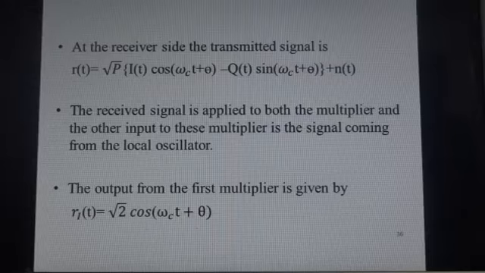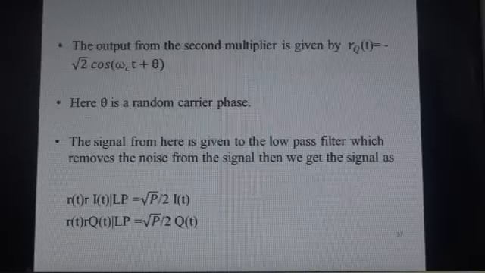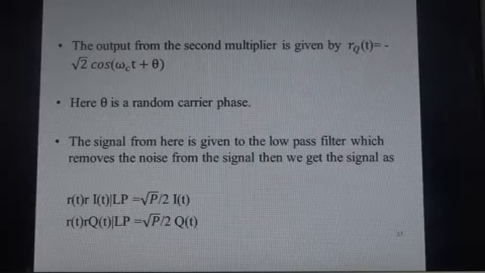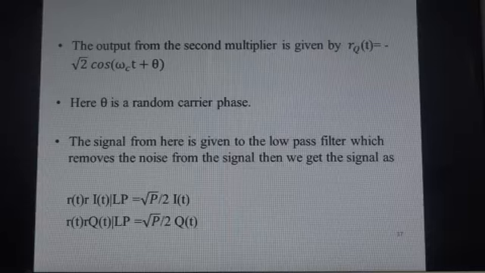The output from the first multiplier is given by r1 of t, which is under root 2 cos(omega ct plus theta). The output coming from the second multiplier, that is from the even signal, is minus under root 2 sin(omega ct plus theta).